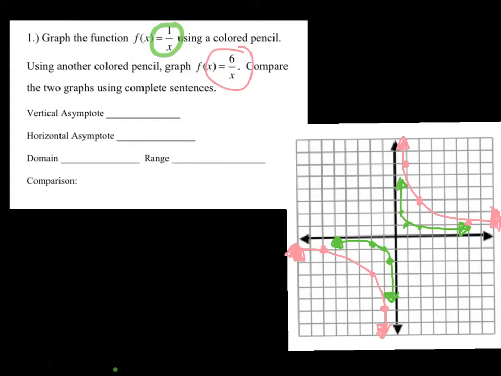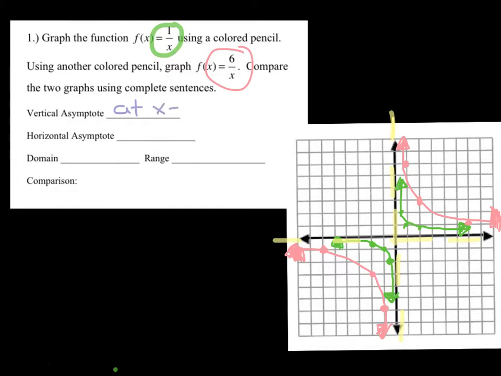The horizontal and vertical will both be at 0. So the vertical asymptote is through x equals 0, and the horizontal asymptote is through y equals 0.